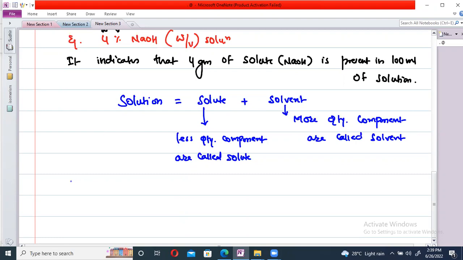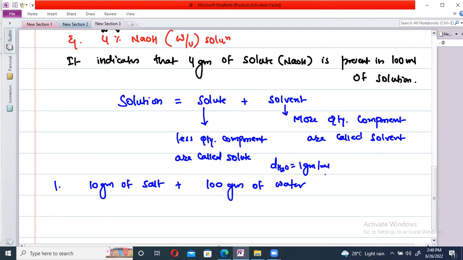We'll go with some examples to better understand solute and solvent. Example number 1. Sir, I am having 10 gram of salt dissolved in 100 gram of water. Some students get doubts: water is a liquid, why did you write the weight of the water in gram? Do you know beta, the density of water is 1 gram per ml, which means the weight of 1 ml of water equals 1 gram.